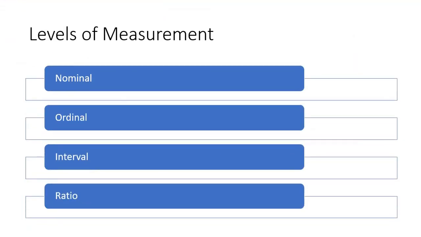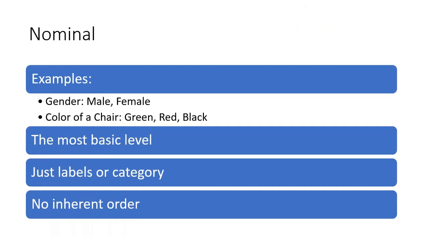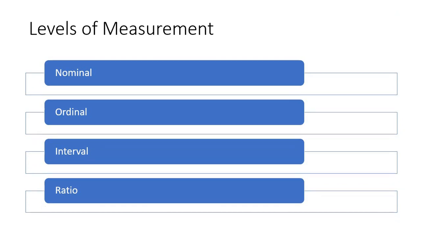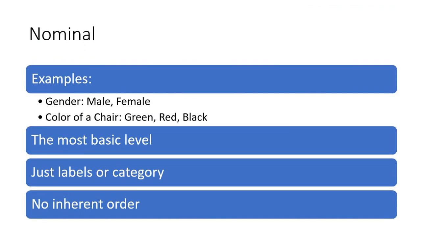There are four levels of measurement, namely nominal, ordinal, interval, and ratio. Let's start with the nominal level of measurement. The nominal level of measurement is the most basic level of measurement, and this is just labels or categories, in which there is no inherent order.